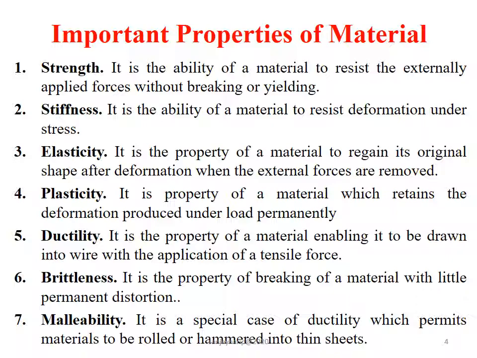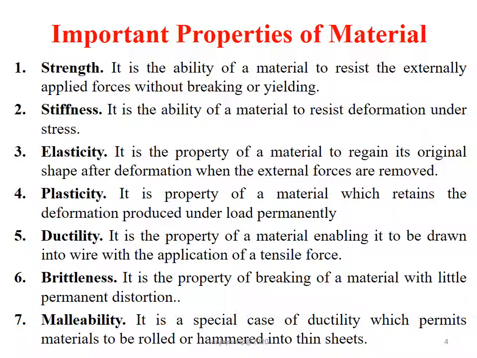It is just opposite to ductility. It is a property of breaking of material. These materials, when subjected to tensile load, snap off without giving any elongation. Cast iron is the best example of brittle material.